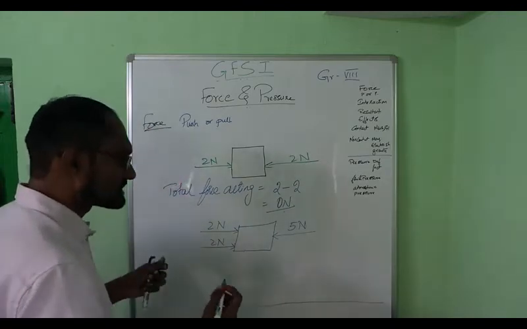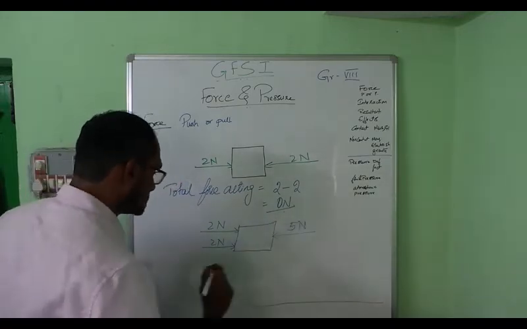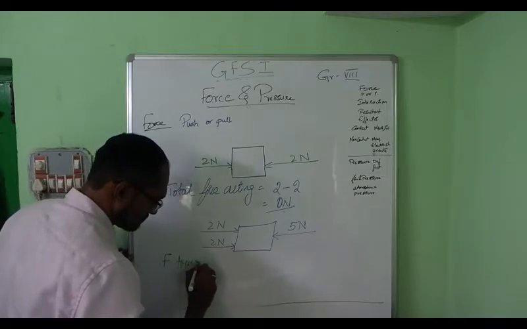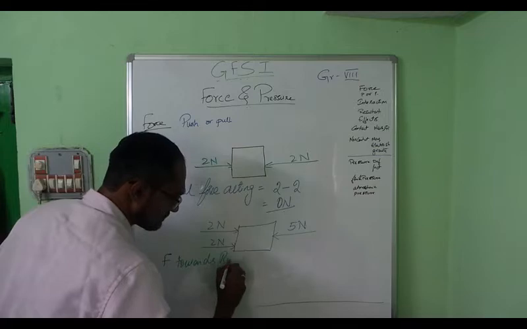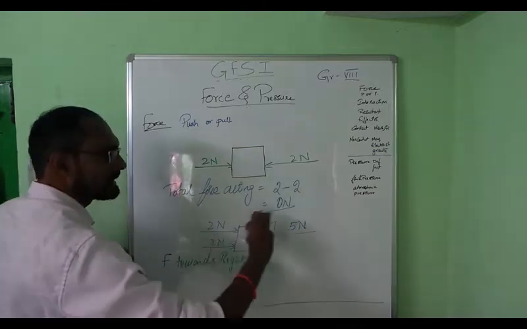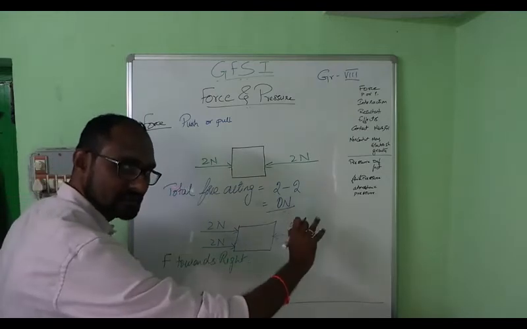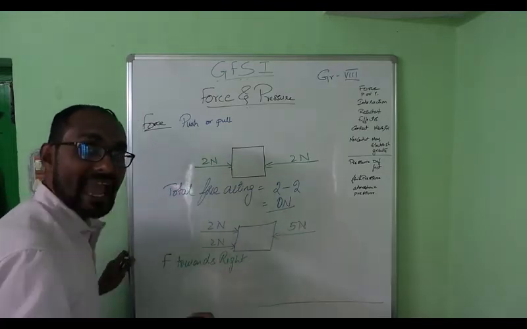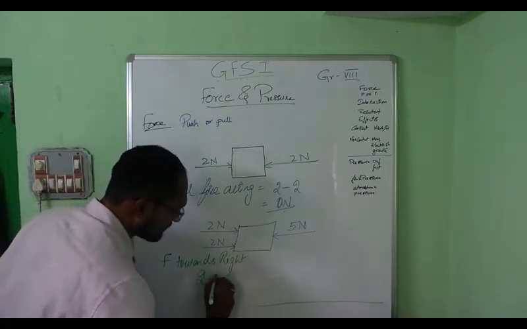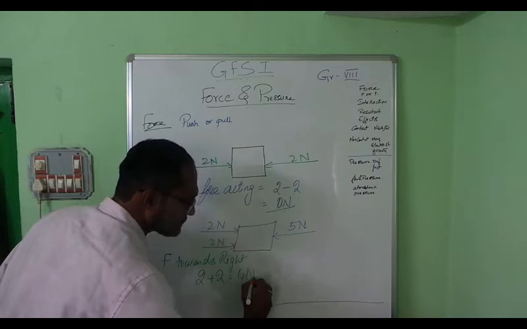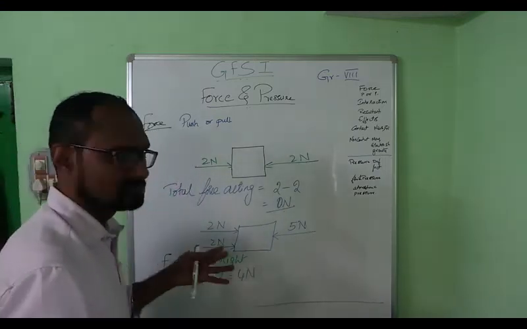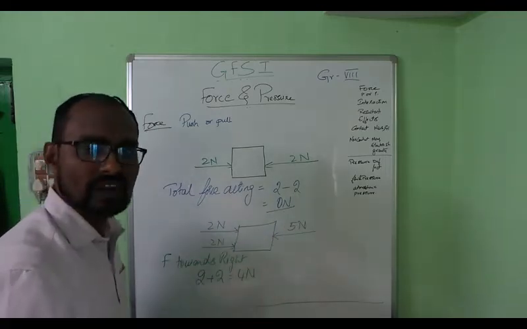Let us first calculate the force that is acting towards the right side, F towards right. Both forces are acting towards the same direction, so we add these two forces. So total force would be 2 plus 2, that is equal to 4 Newton. Now what about the force that is acting towards the left? It's only one force, that is 5 Newton.